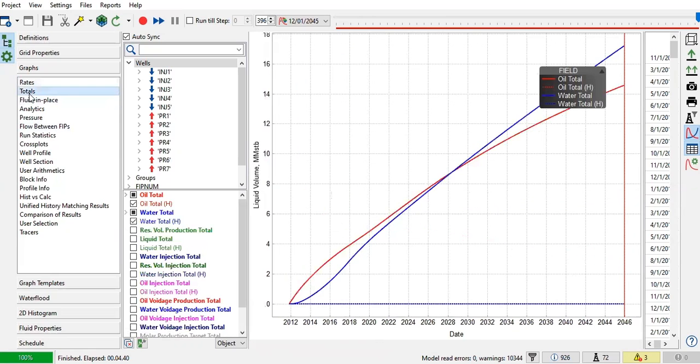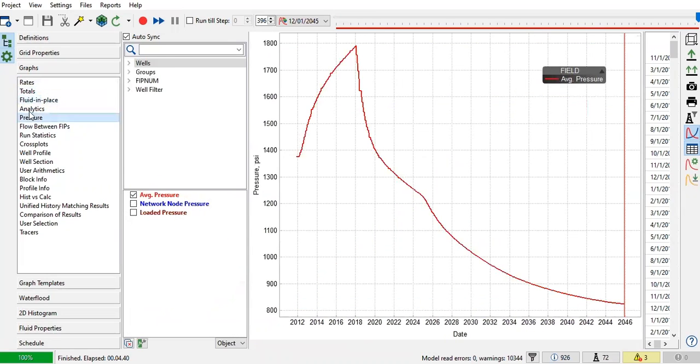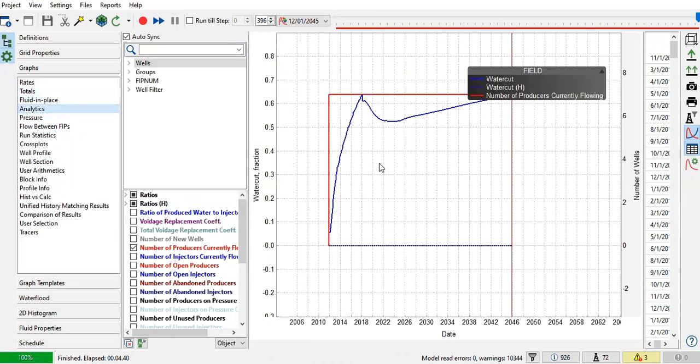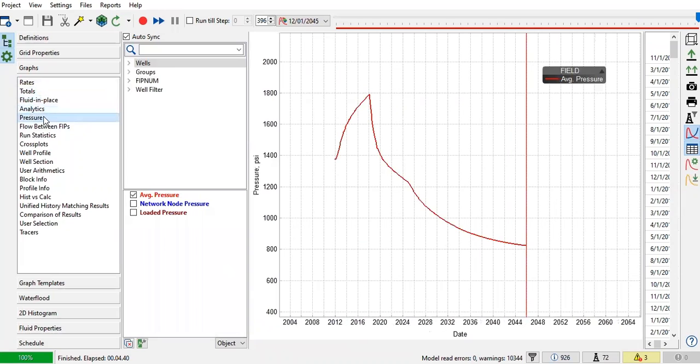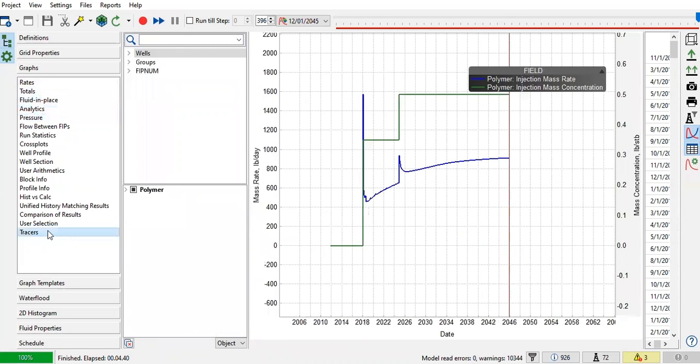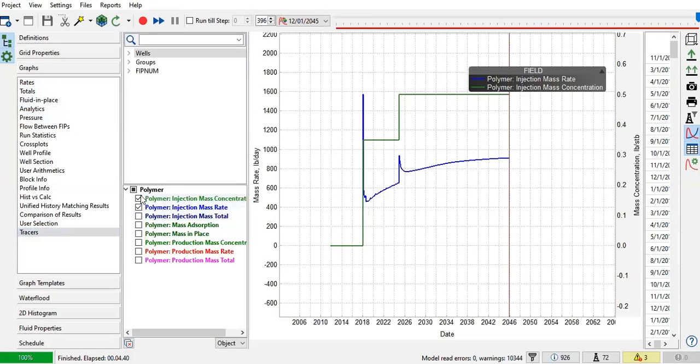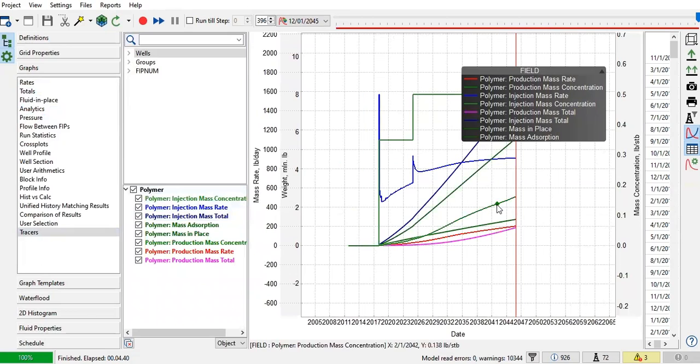Okay, so this is the total analytics, pressure, all right, and then again tracer. You can also check the production. So you inject some of the polymer, but you also produce some.